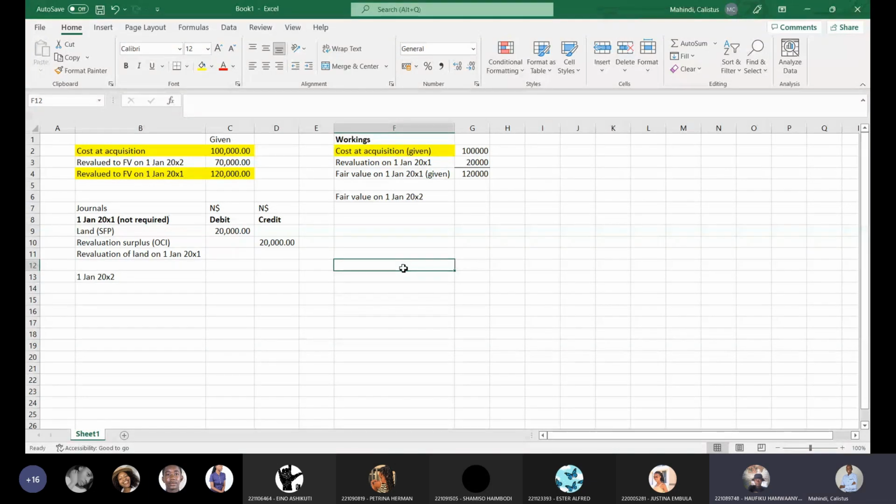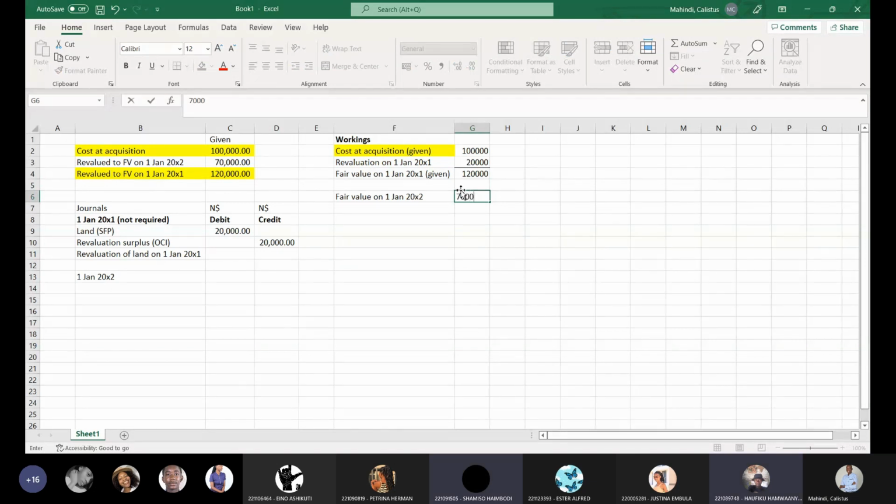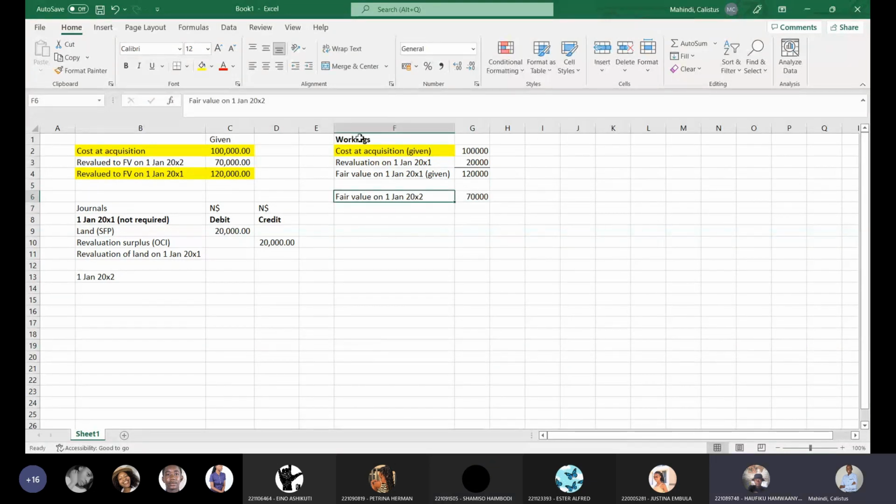Is there an increase or decrease in fair value? A decrease in fair value. A decrease of how much? Of 50,000. So a revaluation?